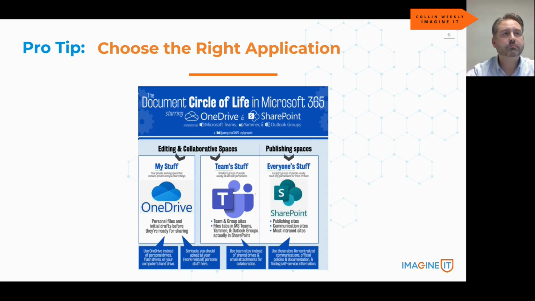How does it get created? Well, typically we create a draft by ourselves, on our own, and the best place to store that is in OneDrive. You can store it locally, and OneDrive basically is your backup of that in the cloud.